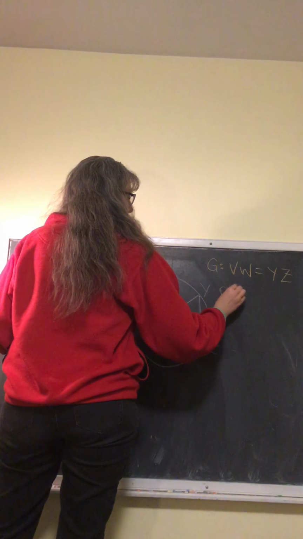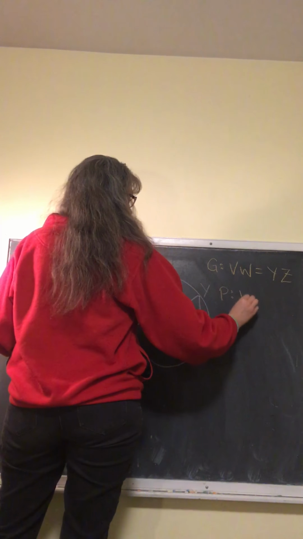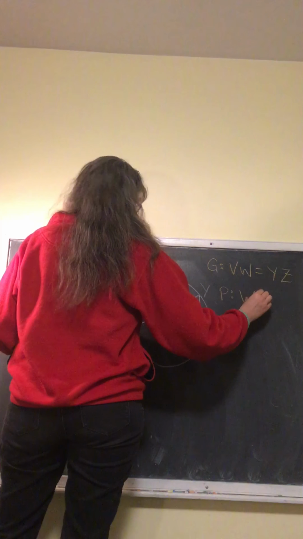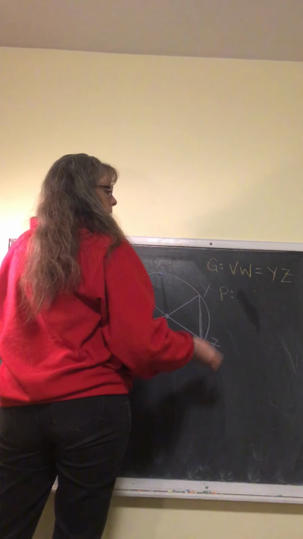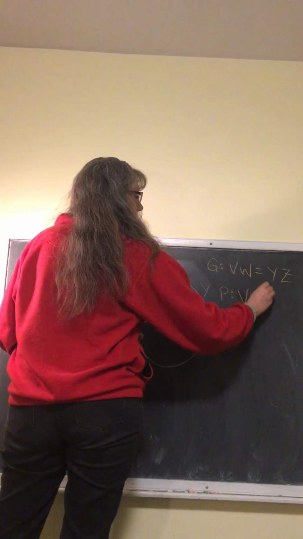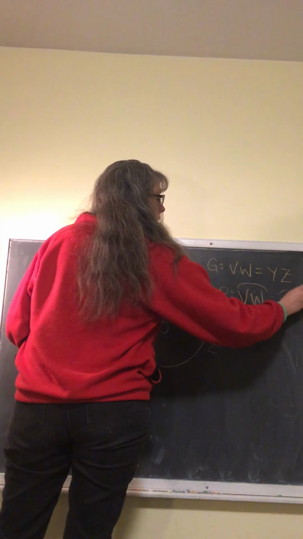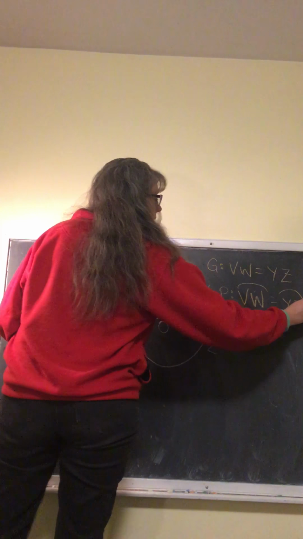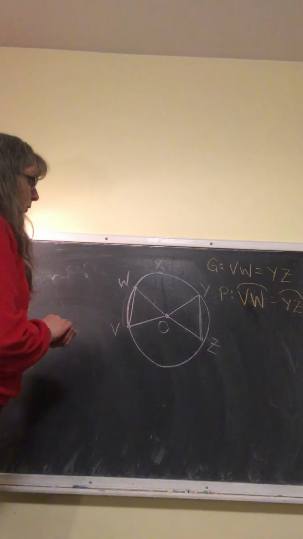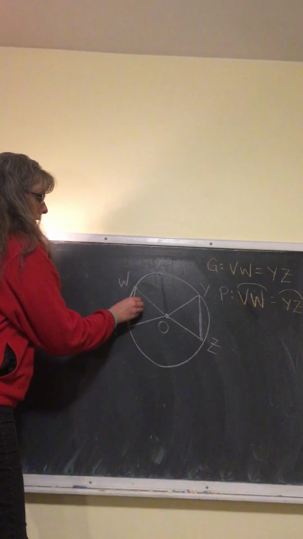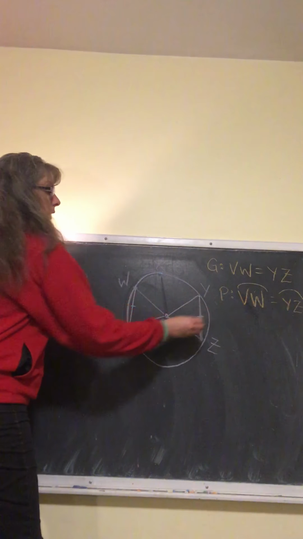And I want to prove that arc VW equals arc YZ. All right, let's think about this. VW equals YZ. I better mark that. Those two segments are equal to each other.